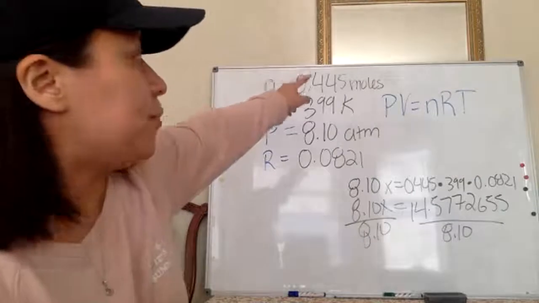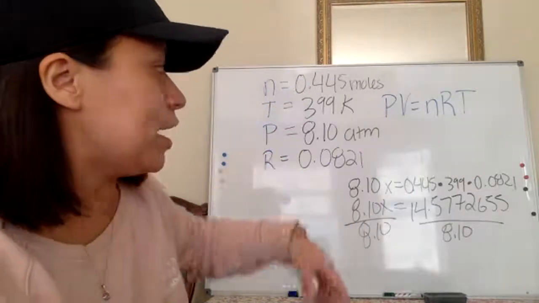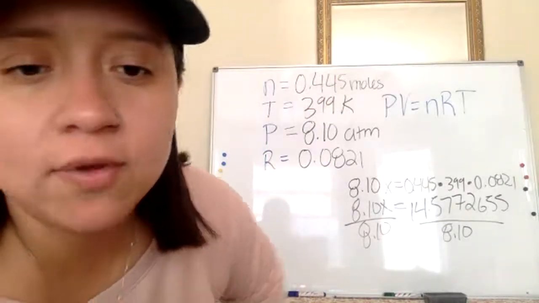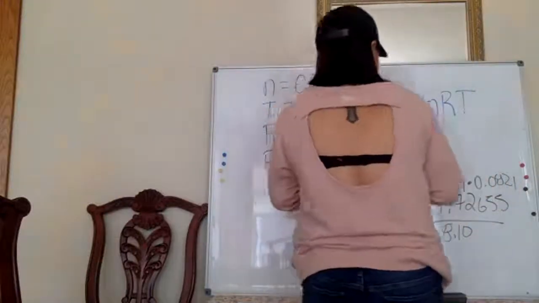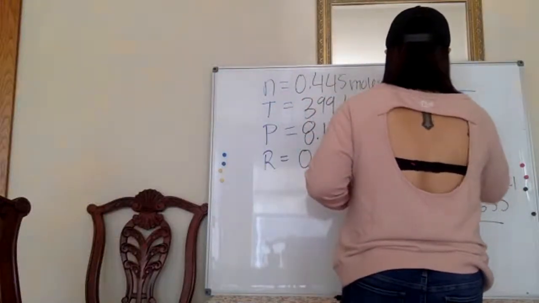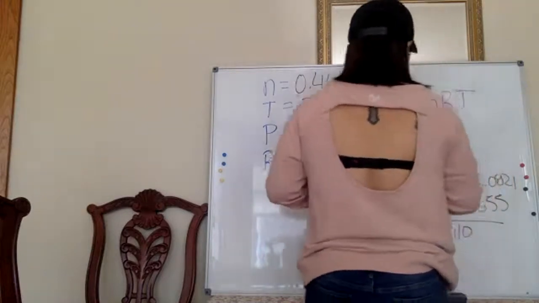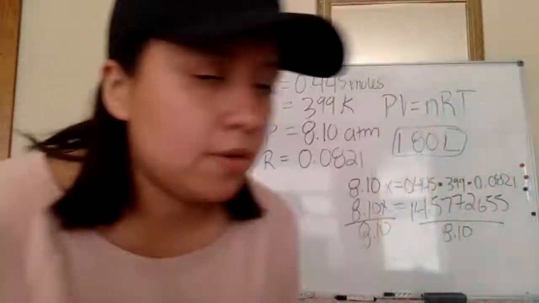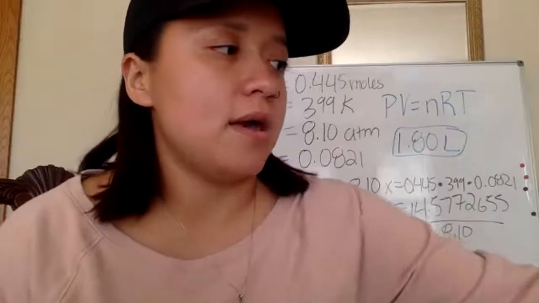Again, the top one has 3, T has 3, P has 3, R has 3. So you want 3 sig figs at the end. That means your final answer should be 1.80 liters. Okay, 1.80 liters. And then that's it.